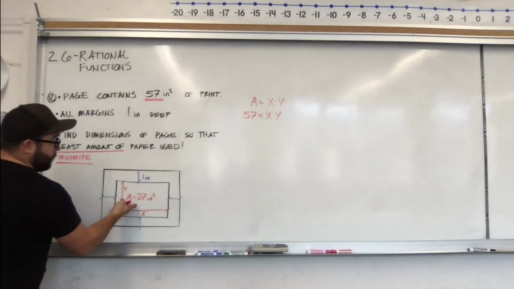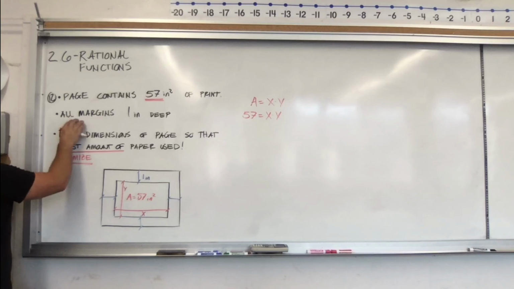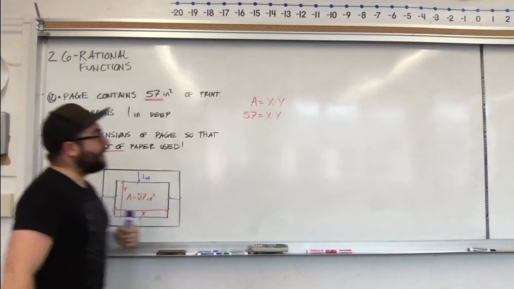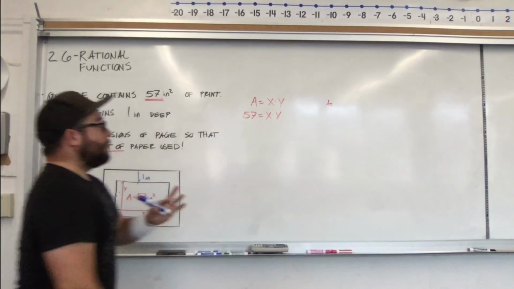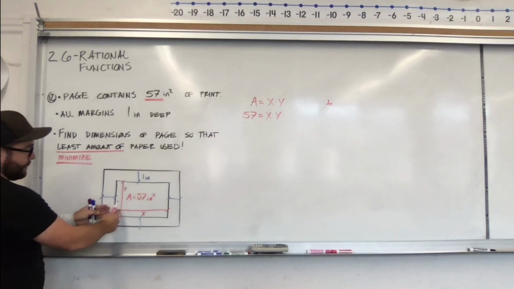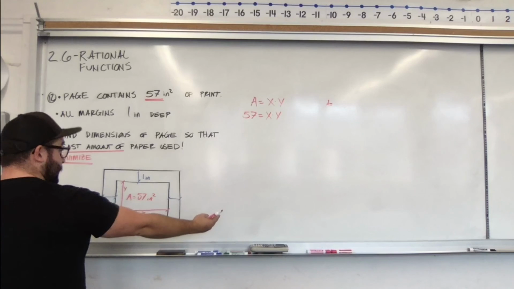Well, I started with the area of just the page itself. It tells us what the margins are, so let's try to get the area of the entire thing with margins included. Well, it's not just going to be x times y, right? Because our x now has a margin of 1 inch to the right and the left.